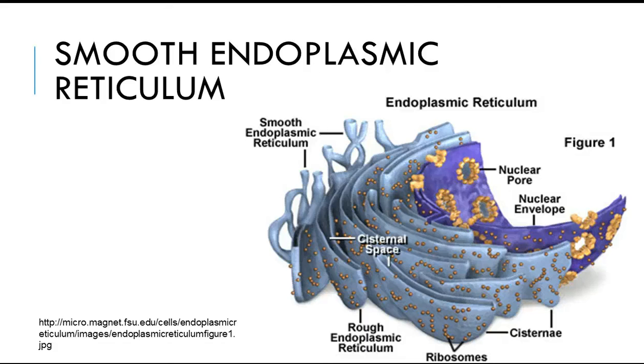And on the inside of each of these organelles, something specific is going on, and that's what we're focusing on. The function of the smooth ER that we're going to study is the role of the smooth ER in calcium storage and release. The smooth ER stores and releases calcium.